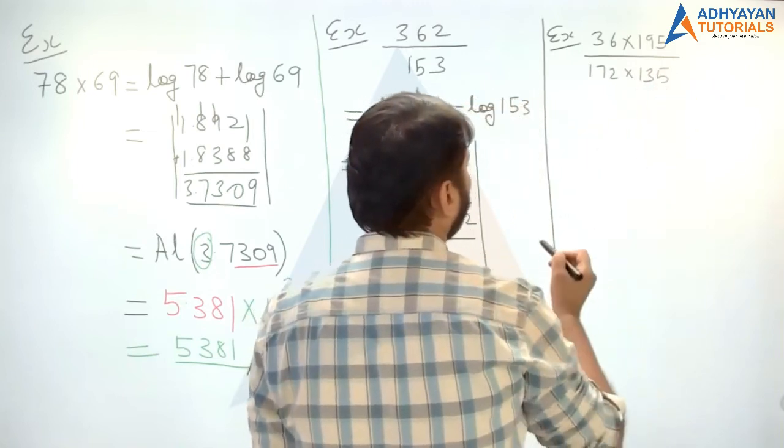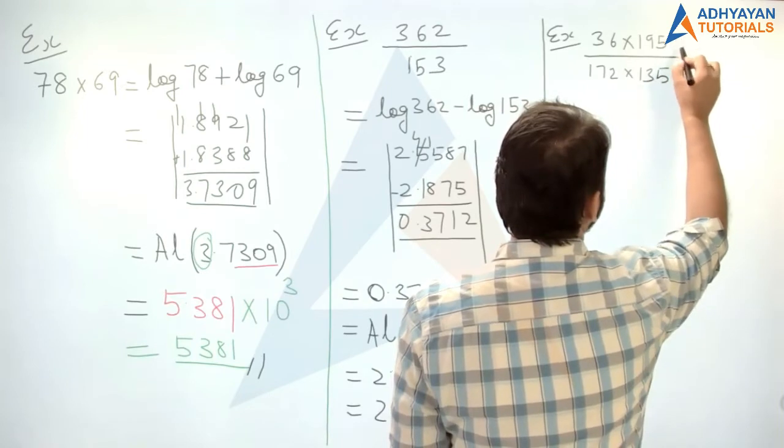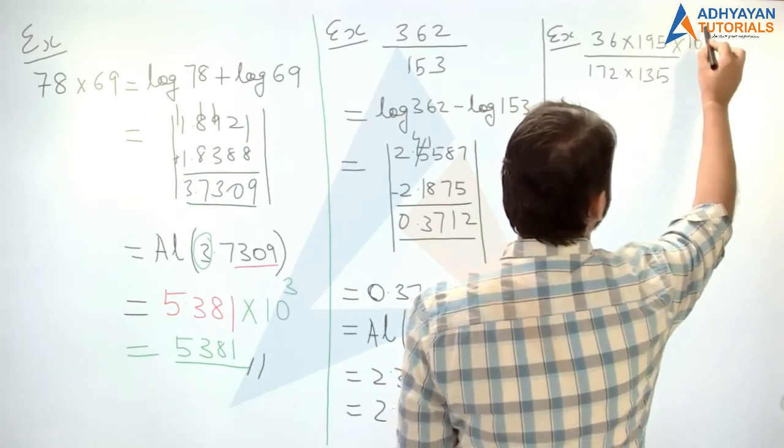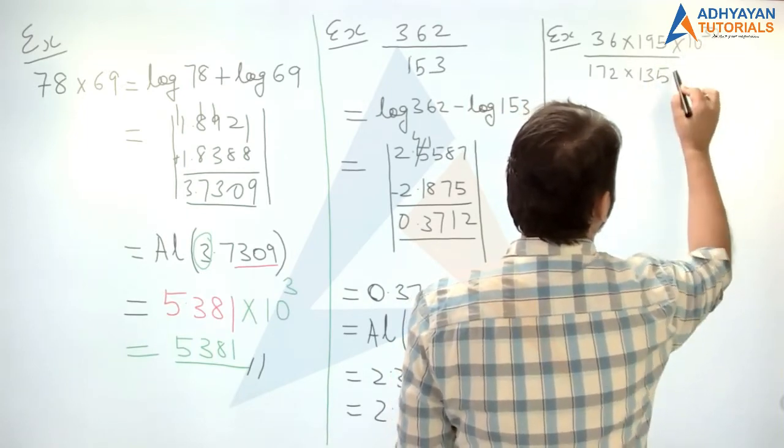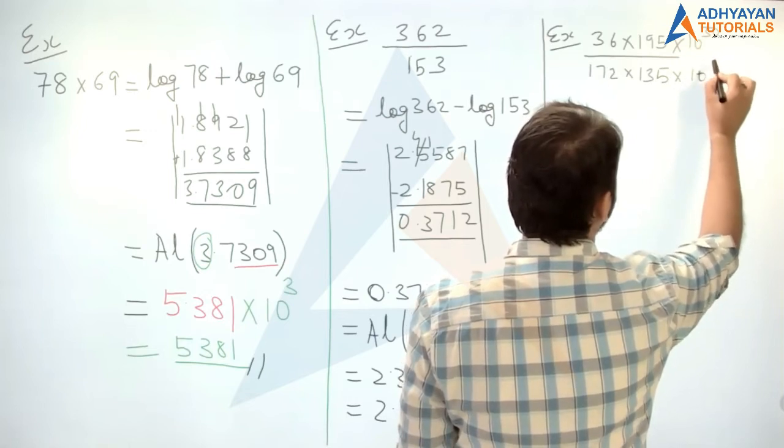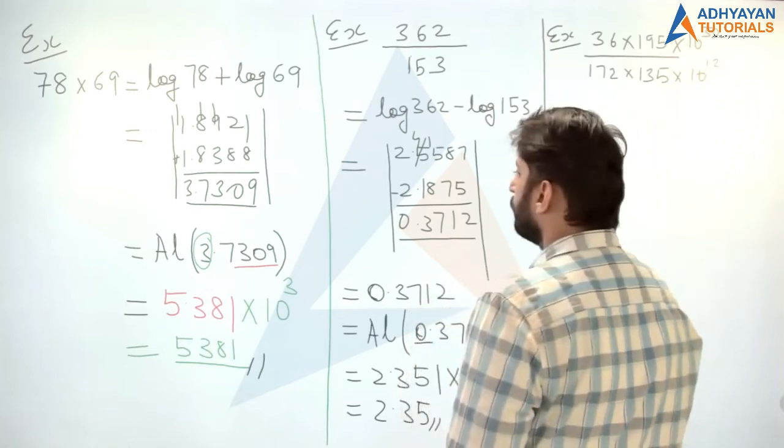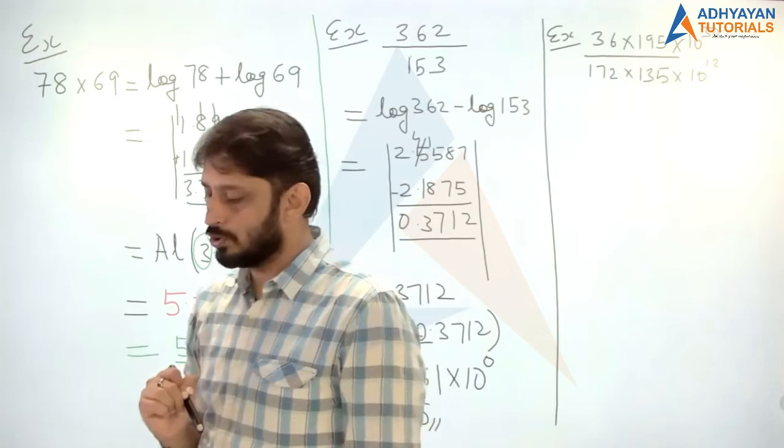And for that matter of fact, I will also say that the numerator is into 10 raised to 30 and the denominator is 10 raised to 12.